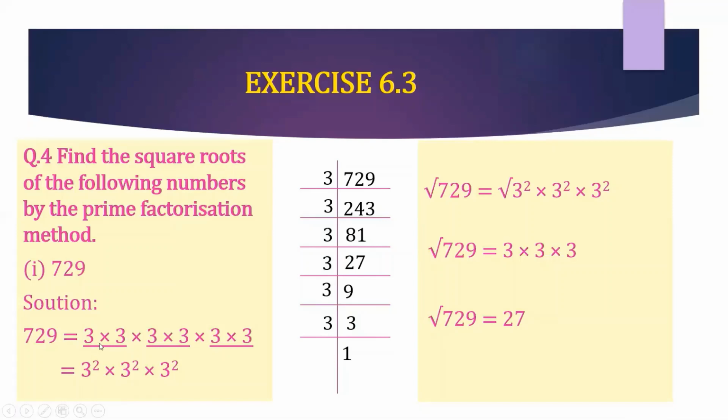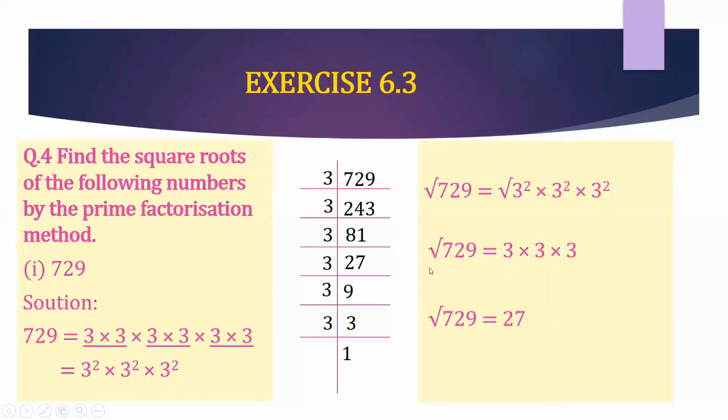The next step is pairing of the factors. So we'll have 3 square into 3 square into 3 square. Now next step we will put the sign of square root on both sides. So square root of 729 is square root of 3 square into 3 square into 3 square. Now we will remove the sign of square root only on right hand side.